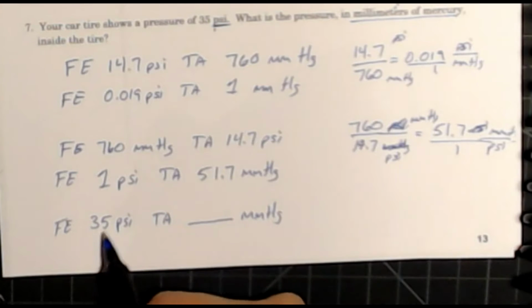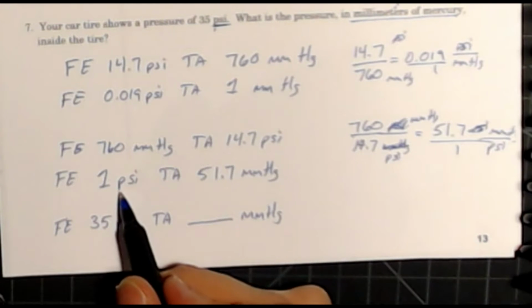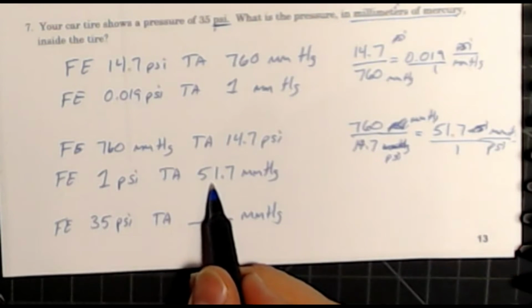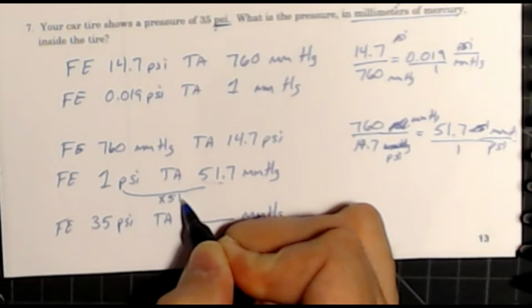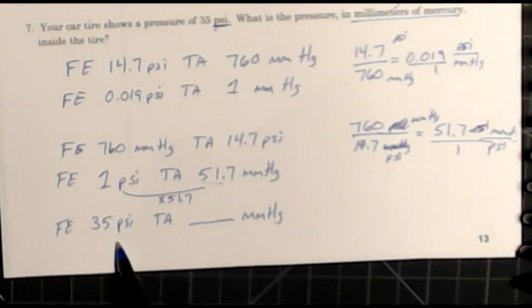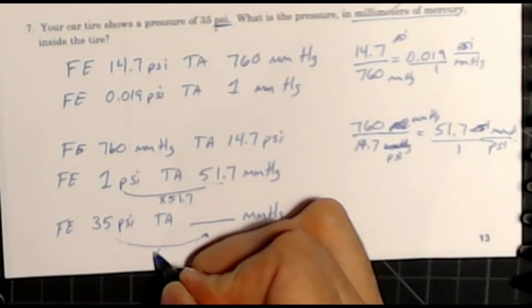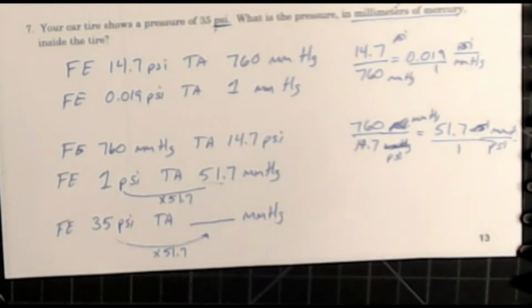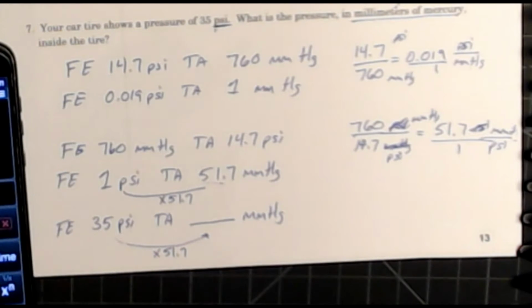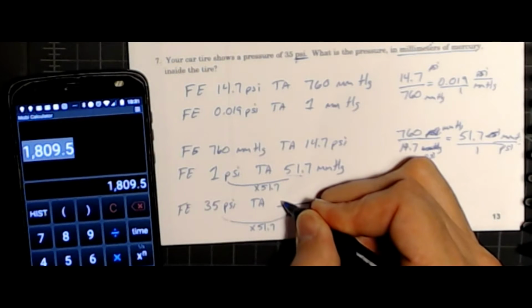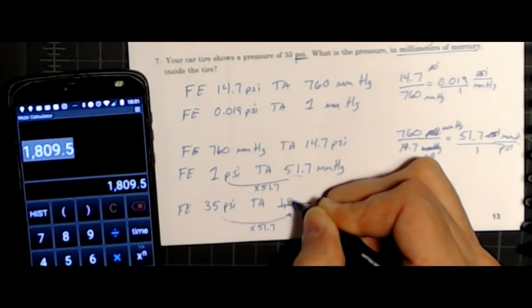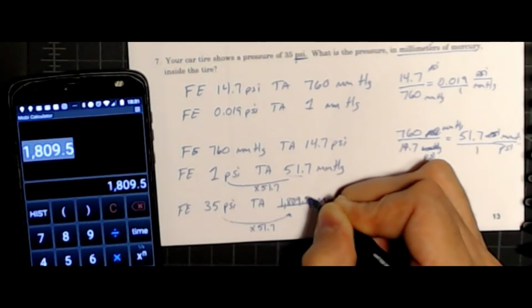Here's our fact. 1 psi, you have to multiply by 51.7 to get here. So we can multiply 35 times 51.7 and get millimeters of mercury. Let's try that. 51.7 times 35 gives us 1,809.5 millimeters of mercury.